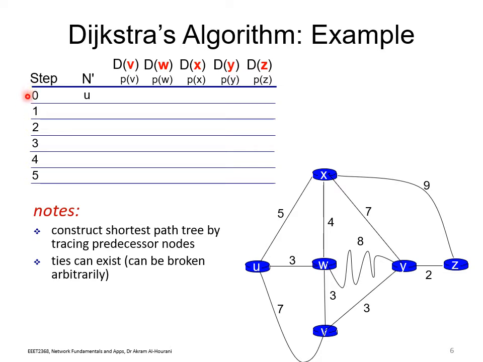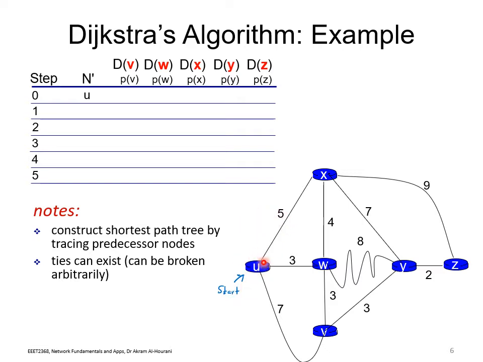We have 6 steps. This is the maximum number of steps that the algorithm will go through, which is equal to the number of nodes. So we have here 6 nodes, so the maximum number of steps would be 6. Now, to run the algorithm, you have to have a starting point, and in this example, we are given that U is our starting point. So we are starting from here, and what do you want to do?